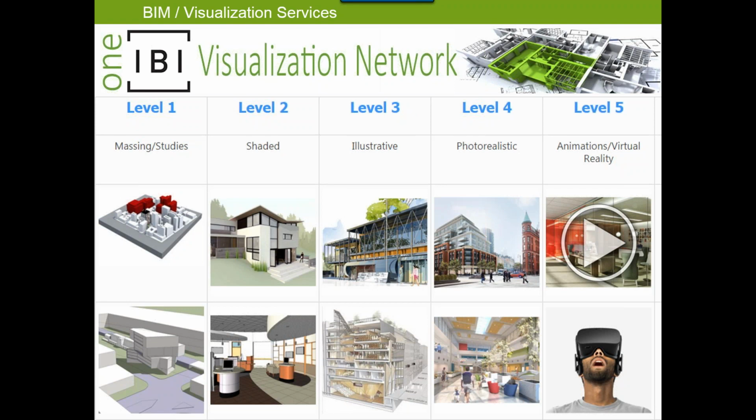Level 4 and 5 is what we call the advanced visualization, and we have a specific team that's governed globally to focus on bringing BIM models, whether they're from Revit or Civil 3D or other sources, into tools like 3D Studio Max, generate animations, full-fledged visualization, V-Ray ray tracing, or the virtual reality.